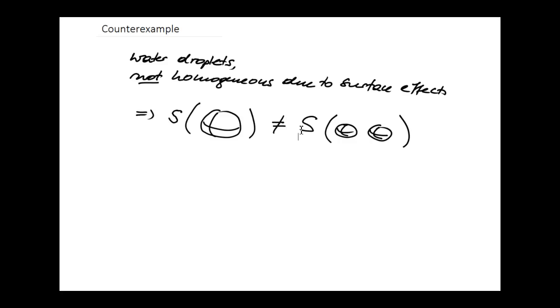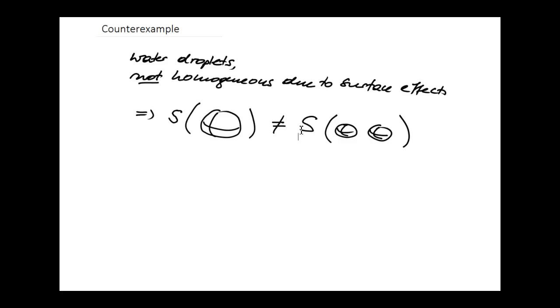But you can say that you can split the big water droplet into two halves in a way such that there's no heat flow and therefore no change of total entropy. So let's suppose you can do that.